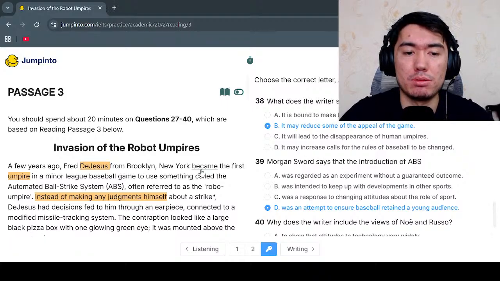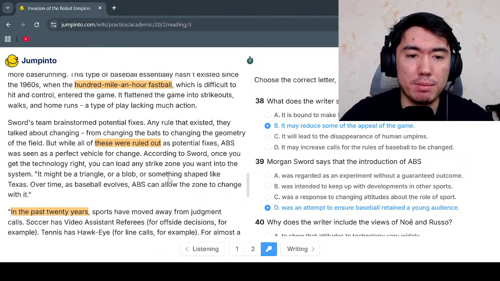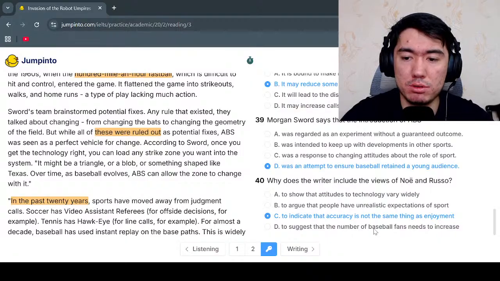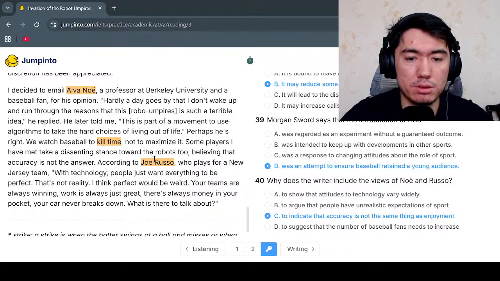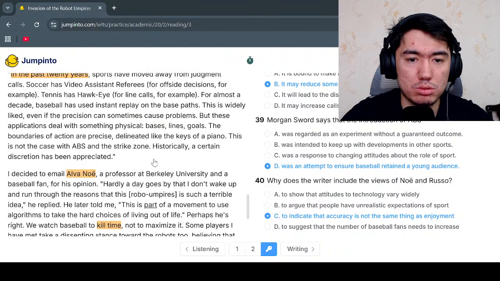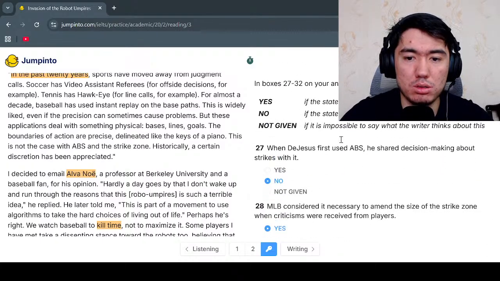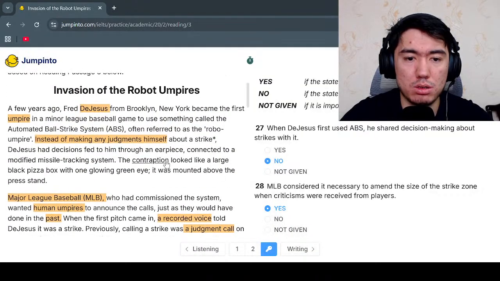Okay. Now, let's hunt for vocab. Did I have to use the paraphrase? I don't think so. Yes, no was a bit hard. Making a judgment call.